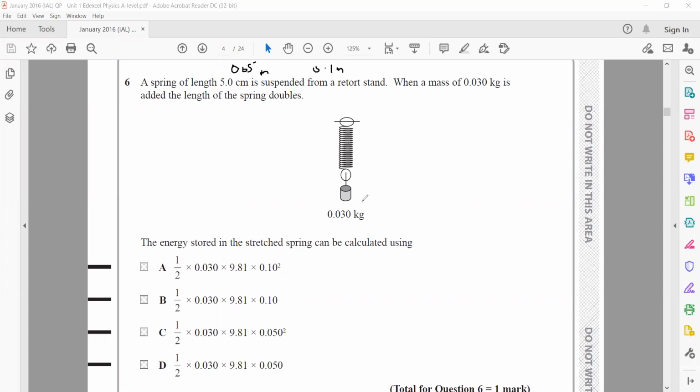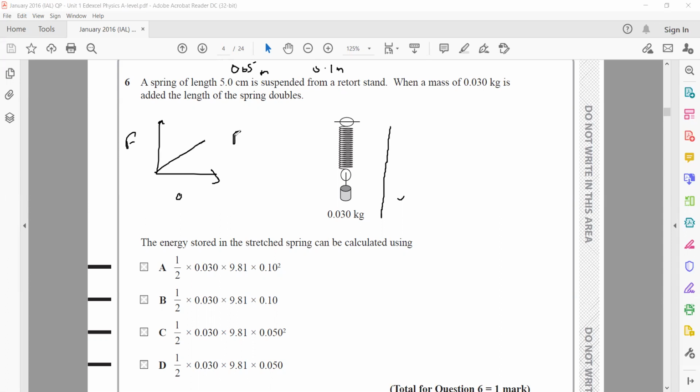What is the extension? The formula to calculate the energy stored in the spring comes from the force and extension graph, the area under the graph.